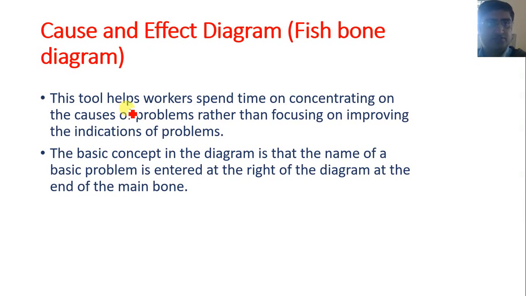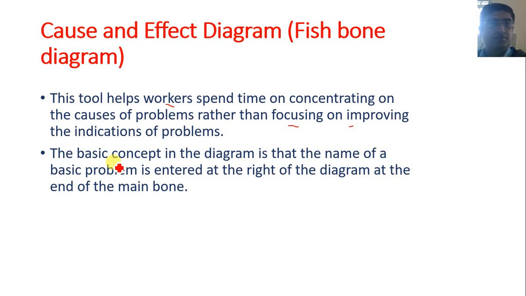This tool also helps workers spend time concentrating on the causes of problems rather than focusing on improving the indications of the problem. So the focus is more on the causes of the problems in the cause and effect diagram.